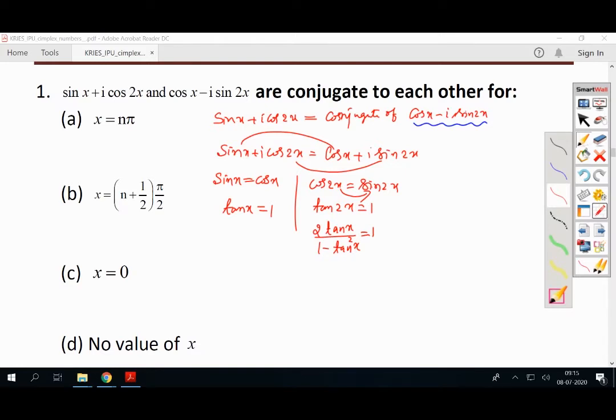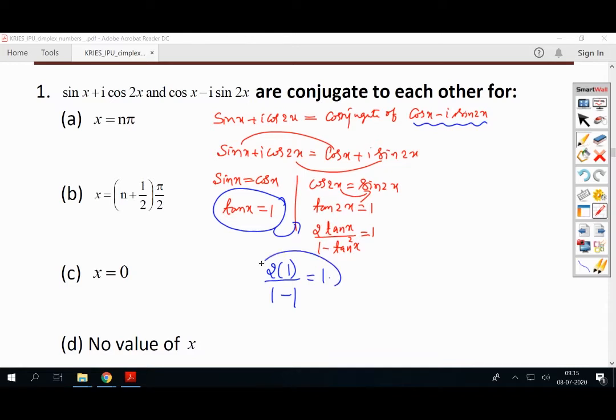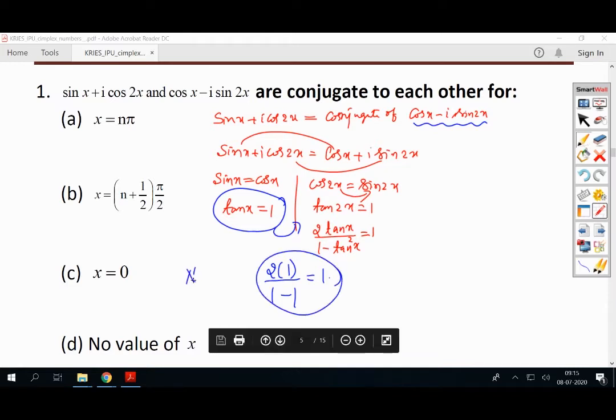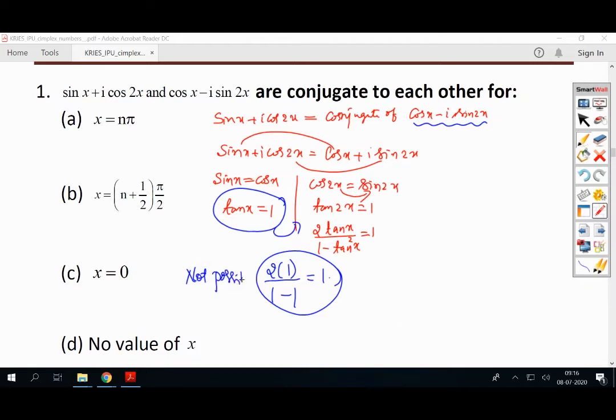If you make use of tan x as 1 in this, see what comes: 2 into 1 divided by 1 minus 1. So 2 divided by 0, infinity. Which is not possible, right? You cannot have this kind of expression. Therefore the possible value for x does not exist. We can say no value for x.